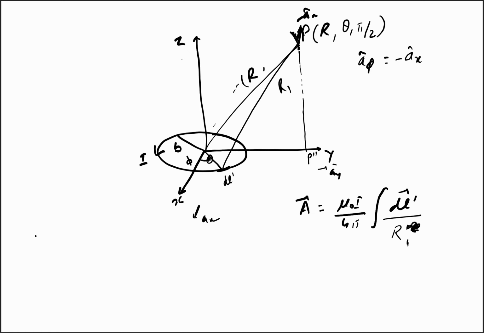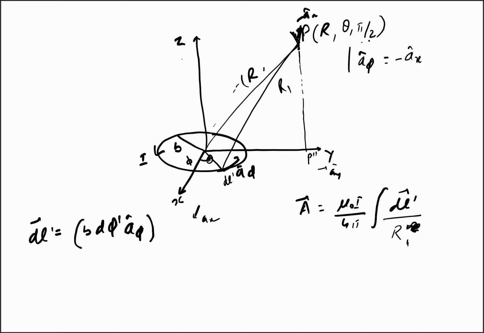So for our case, dl dash is equal to a phi b d phi dash. Now you should try to imagine that this a phi here is not equal to a phi here.